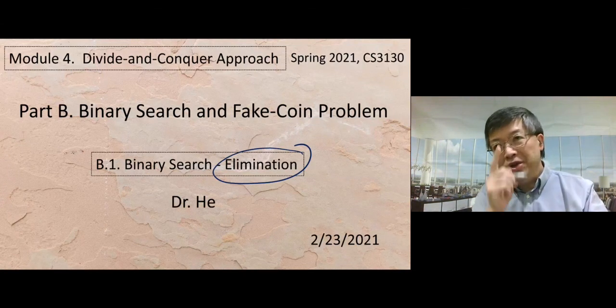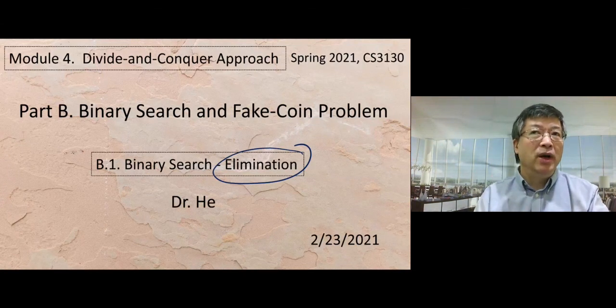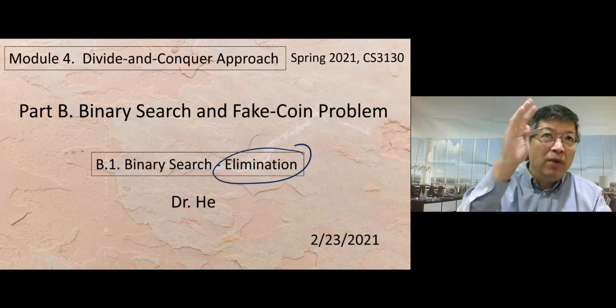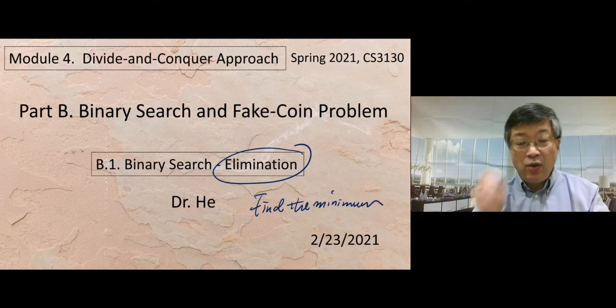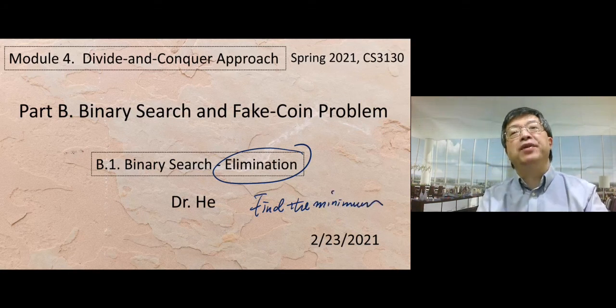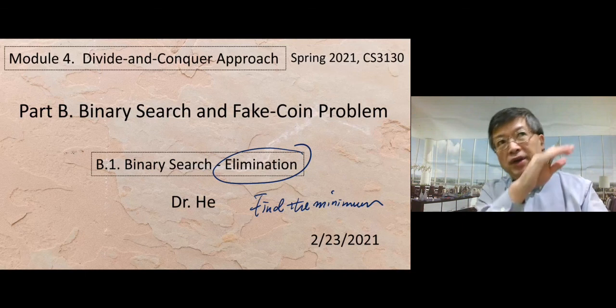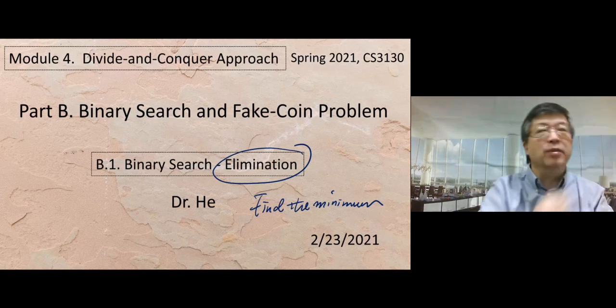Here, the elimination method. We used it once before. Remember, find the minimum. That problem. In that problem, find the minimum of an array, we used that elimination method. Every time we do one comparison, we eliminate one element.